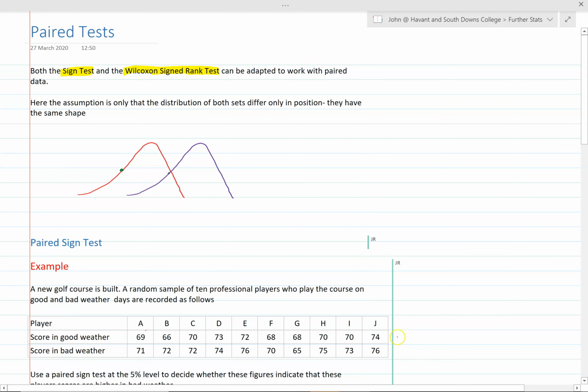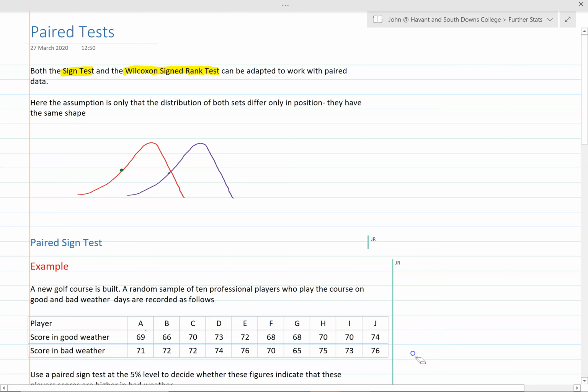It's just that those of us covering OCR Further Maths will not have seen examples of paired data and hypothesis tests on it, and this will be the first time you've seen it. But a very common technique for examining paired data like this with small samples would be the student t-test, and that is a parametric test, and it would assume that they are normally distributed.